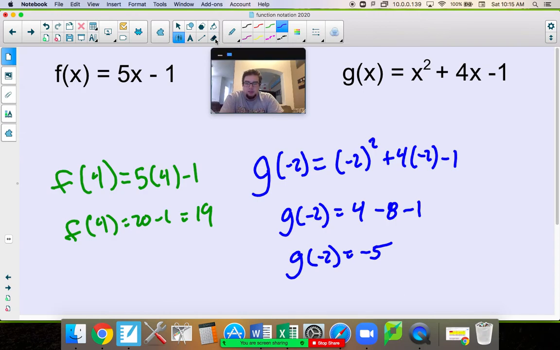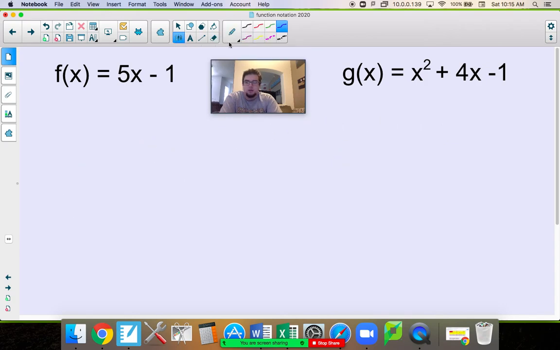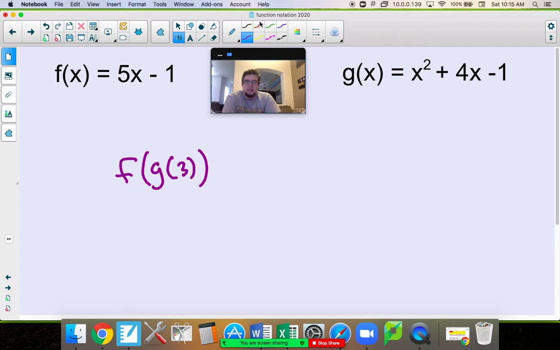Then the last thing we're going to look at is what's called a composite function, where we have one function that's using the other one within itself. So f of g of 3. What this is asking us to do is first take the g of x function and evaluate it for 3.